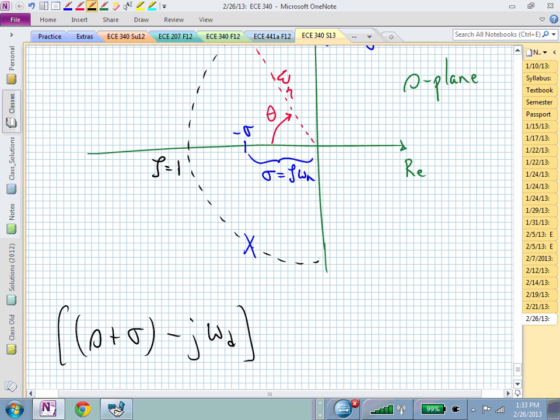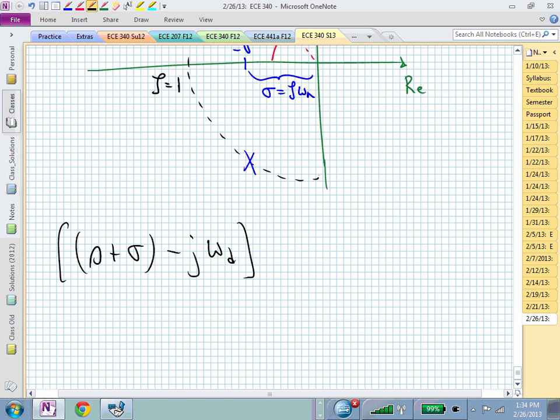Remind me again of my quadrants. Is this first, second, third, fourth? Where is this term? Second, isn't it? It's up because s equal to minus sigma plus j omega sub d will cause this to vanish. This is associated with the pole in quadrant 2.